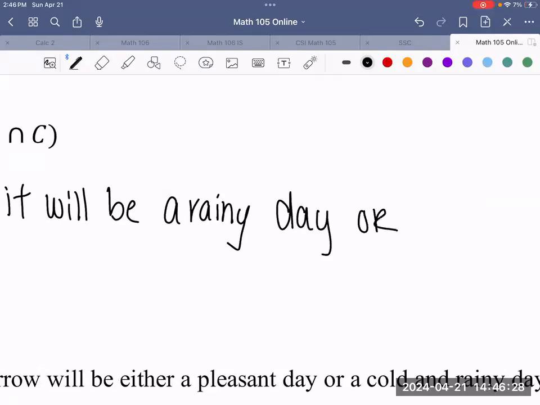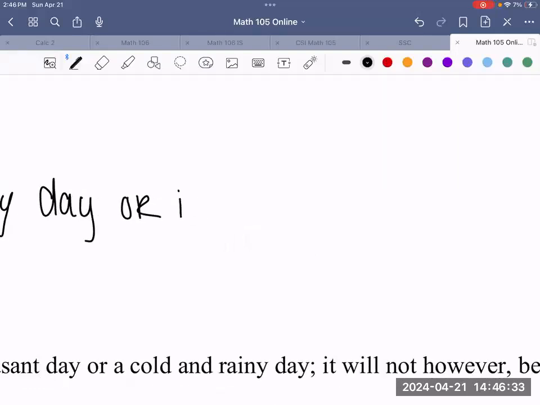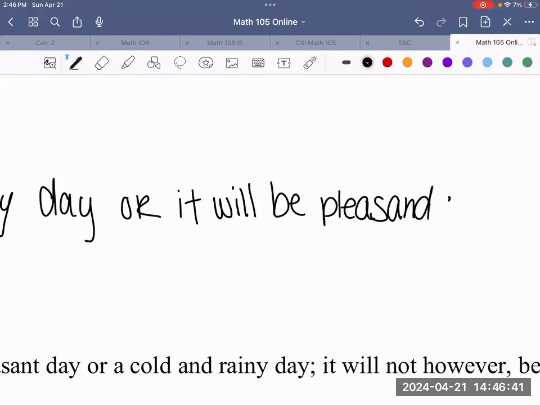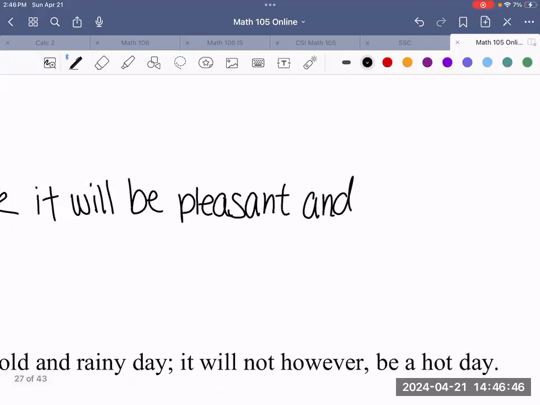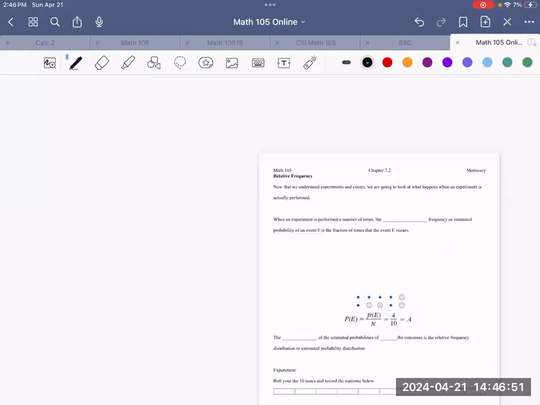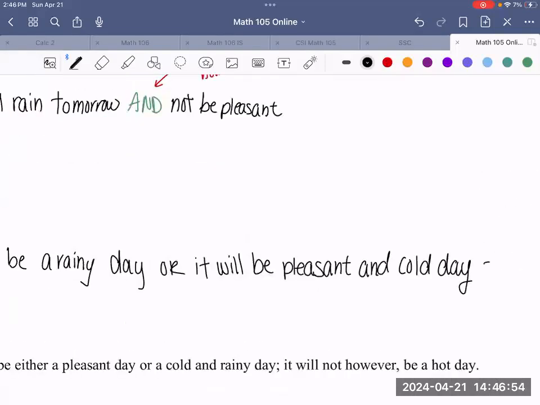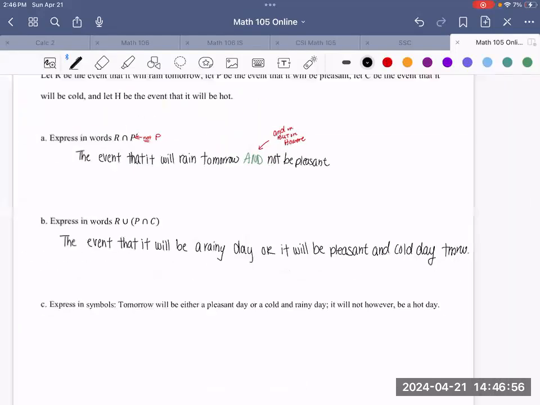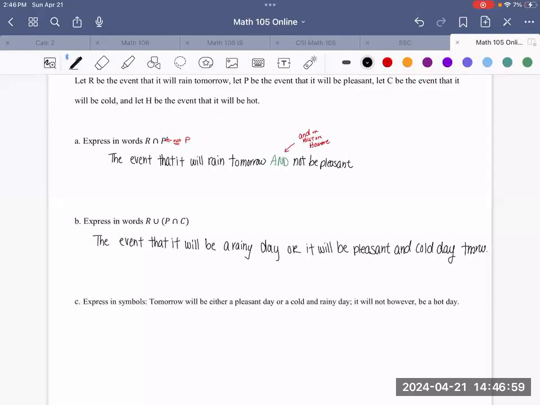Or, so it'll either be a rainy day or it will be a pleasant and cold day tomorrow. Something along those lines. So the event that it will be a rainy day or it will be a pleasant and cold day tomorrow.